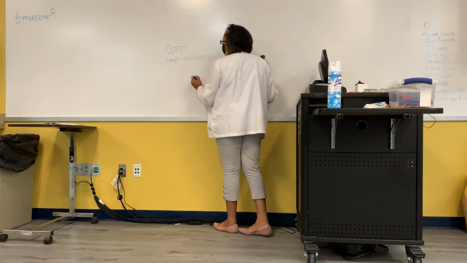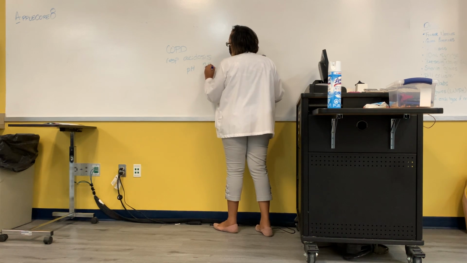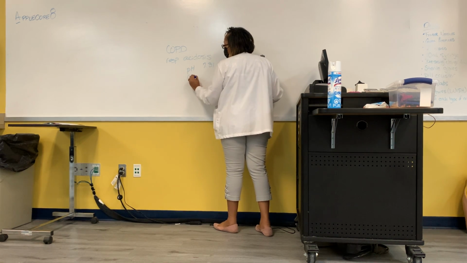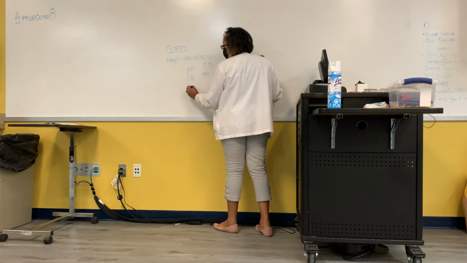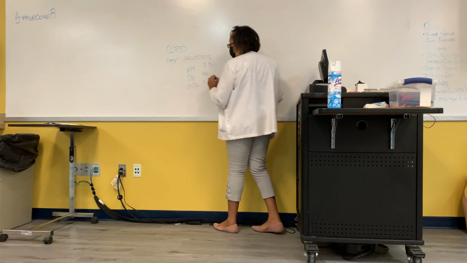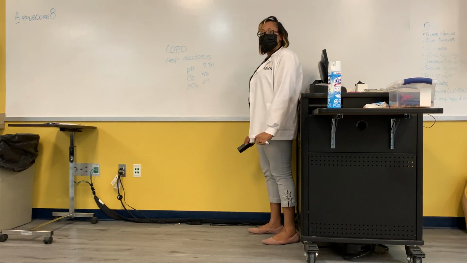What's acidosis, what's your pH gonna look like? 7.31. And a CO2 of 46? And your HCO3? 23. Because the HCO3 is gonna be normal, right? The only thing that's gonna be high is the CO2.